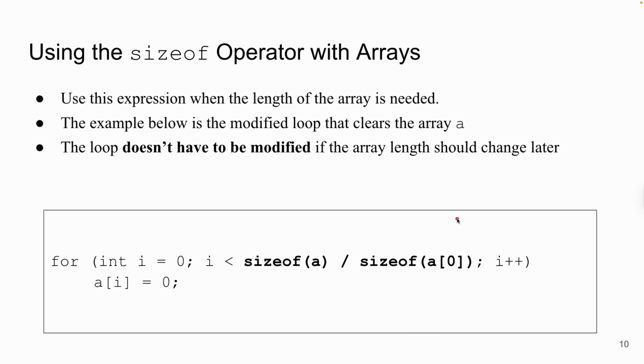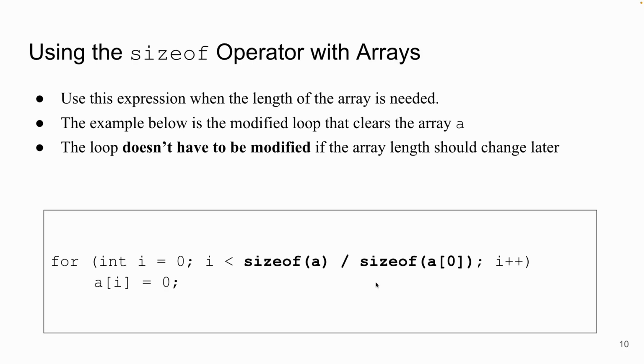One of the advantages of this revision is that the for loop doesn't have to be modified if the length of the array is changed. So if I want to increase the size of array A from 10 to 20, and I just write down 10 here, I also need to change the value I put here. But if I use this expression, I don't need to change it if I change the length of the array. So that is one of the biggest advantages of using sizeof to calculate the length of the array.